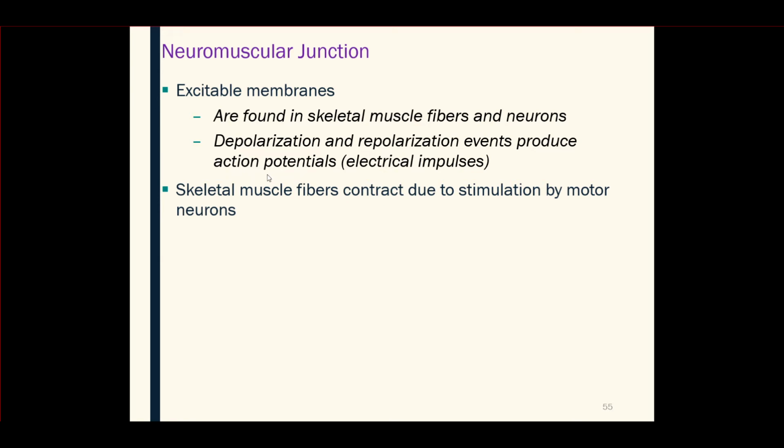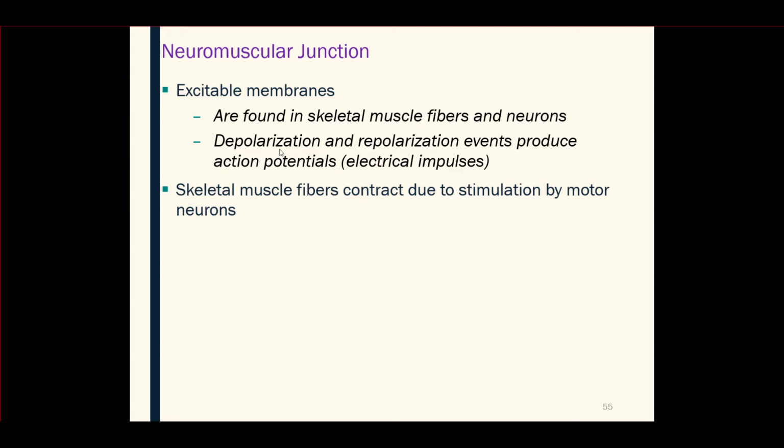Now, the two types of cells in the body that can conduct these action potentials are the skeletal muscle fiber, which we're going to go over today, and also the neuron, which is the nerve cell. We're going to see that in this lesson also. So these are the two cells in the body that can conduct electrical impulses that we call action potentials.